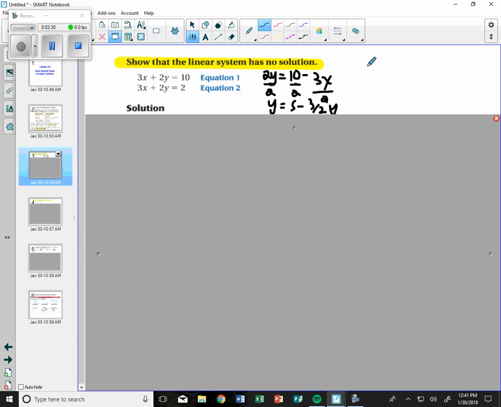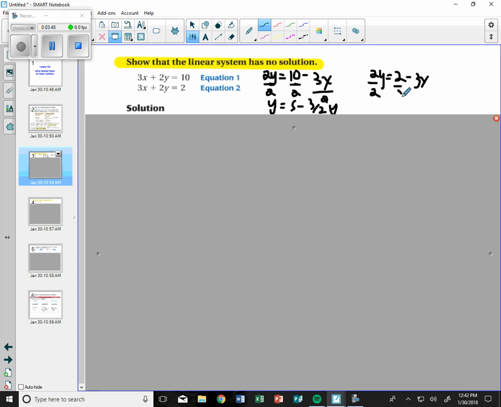My second line, same thing. I'm going to subtract 3x over here. So I'm going to end up with 2y equals 2 minus 3x. Divide again by 2.